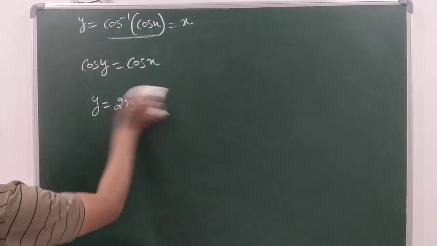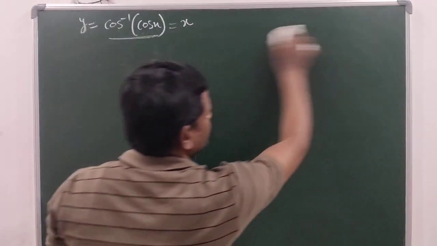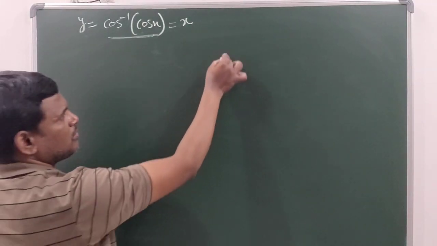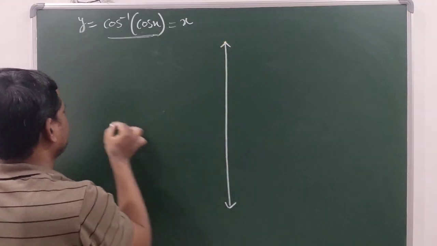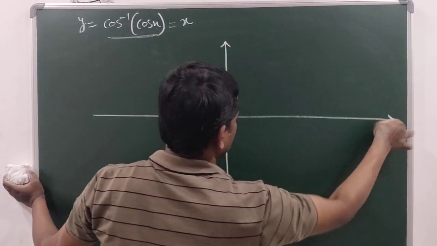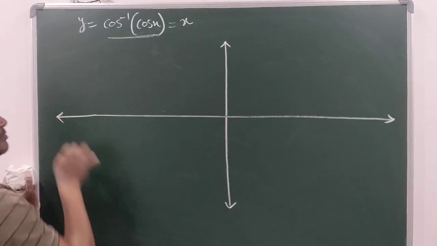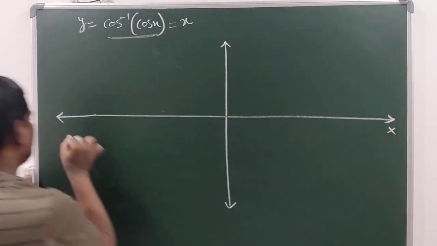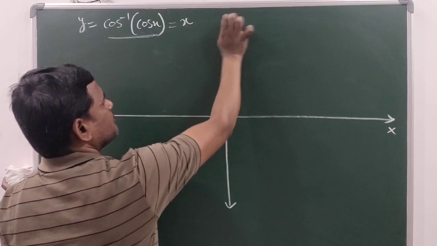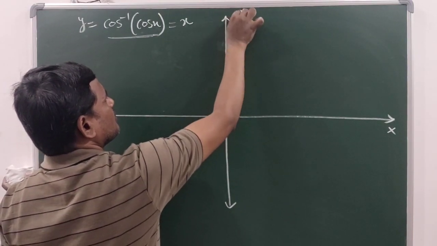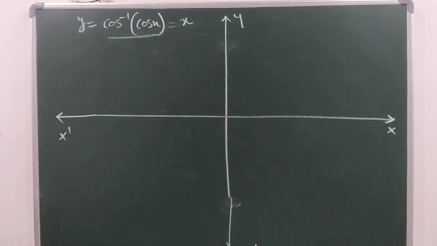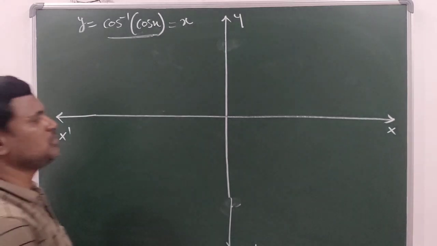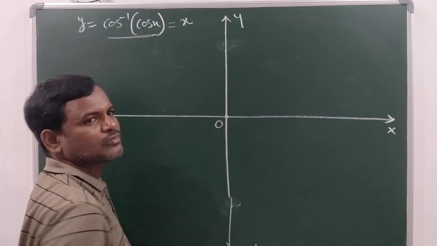Now let us observe the graph. X dash, y dash. Okay students, this is the origin.